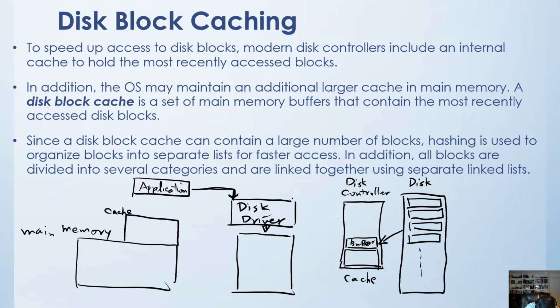Okay, let's say we have a disk here. The disk has a block, and another block, and another block, a couple of different blocks. So the application triggers the disk driver, and the disk driver communicates with the controller, sets up the parameters, sets up the opcode. So the controller starts to copy the data from the disk to the buffer, right?